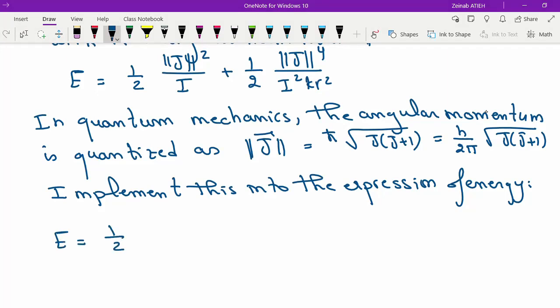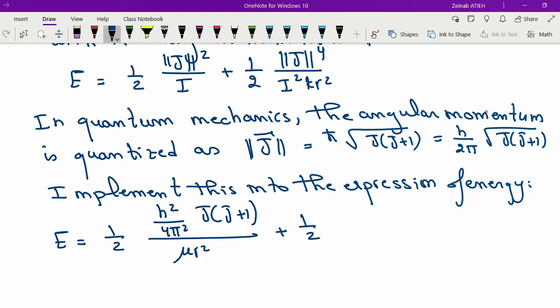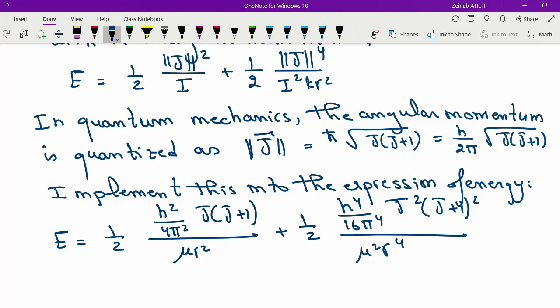I will substitute for J its value in quantum mechanics, and for I also its value, so I get h squared over 4 pi squared J plus 1 over mu r squared plus half h to the power 4 over 16 pi to the power 4 J squared J plus 1 squared over mu squared r to the power 4 k r squared.